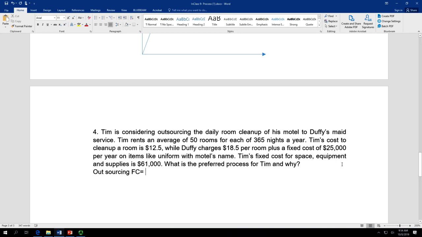It's very clear, as I said, it's $25,000. And outsourcing's variable cost is 18.5 per room.